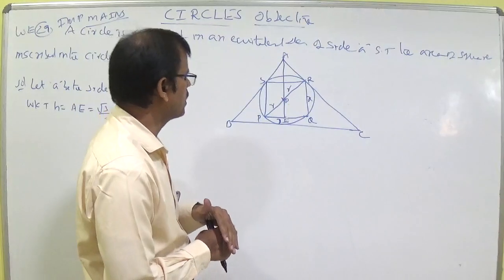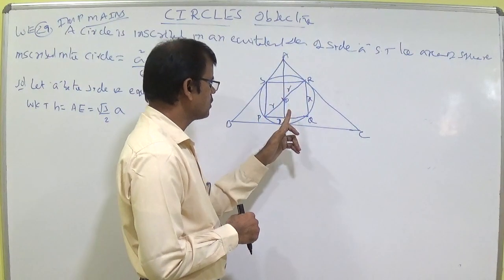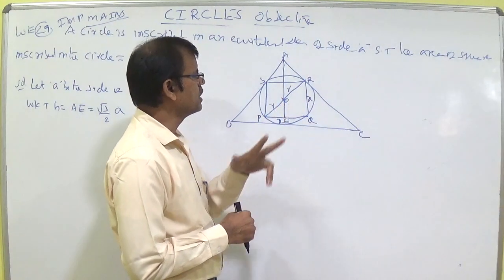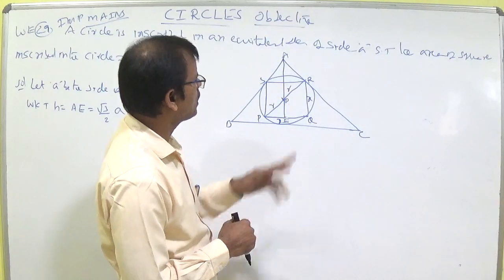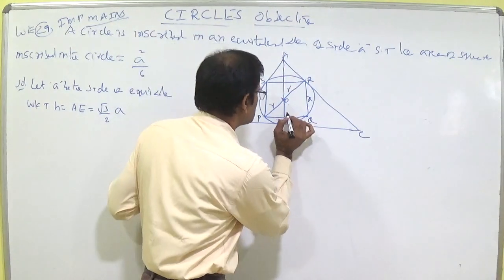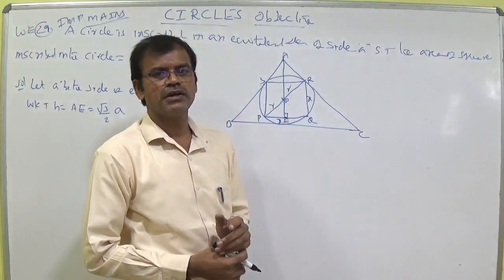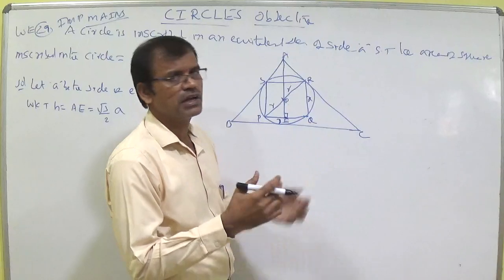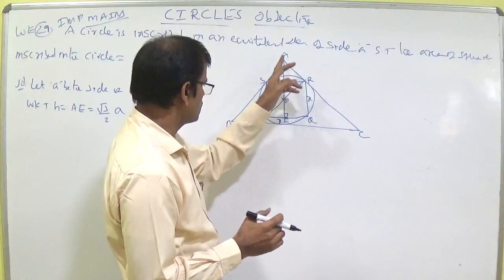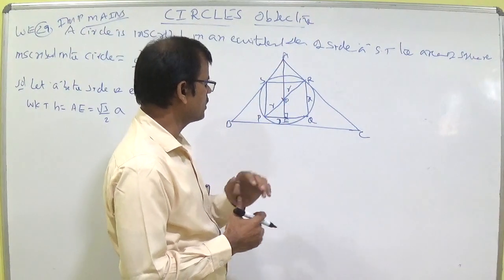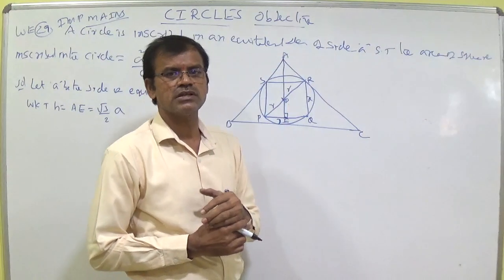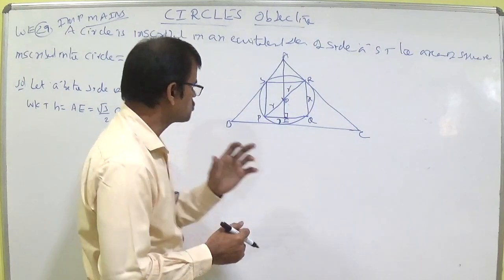So we can say that AE is the median and the altitude. Here AD is the altitude of the triangle. The centroid divides every median in the ratio 2:1. Here D is the centroid.